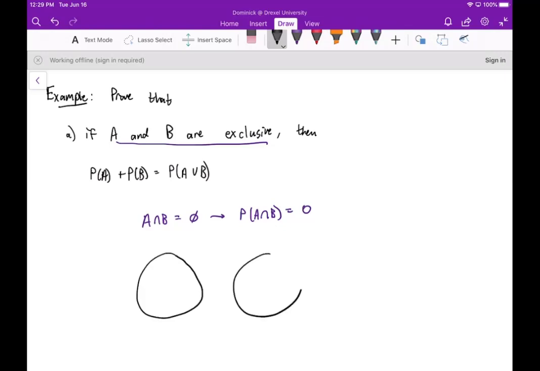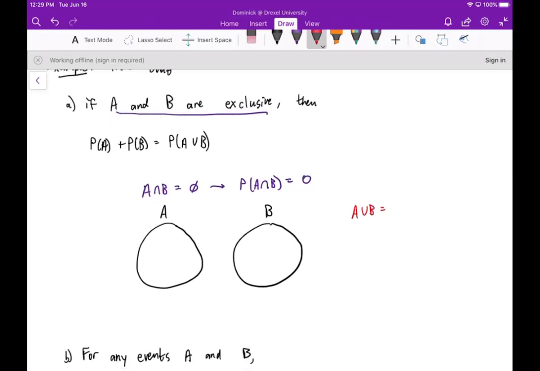If our events are mutually exclusive, then there's no overlap, right? Then we have something like this. So it seems clear that if I want A union B, I would just have A and then add it to B. So the Venn diagram proof is sort of obvious.